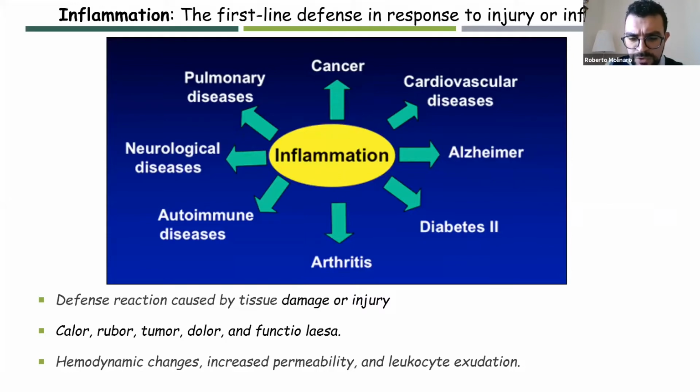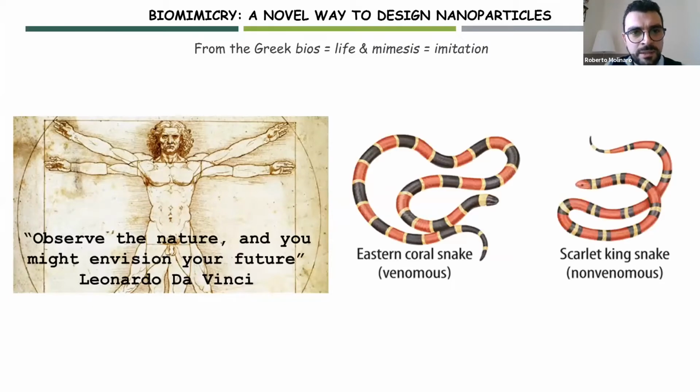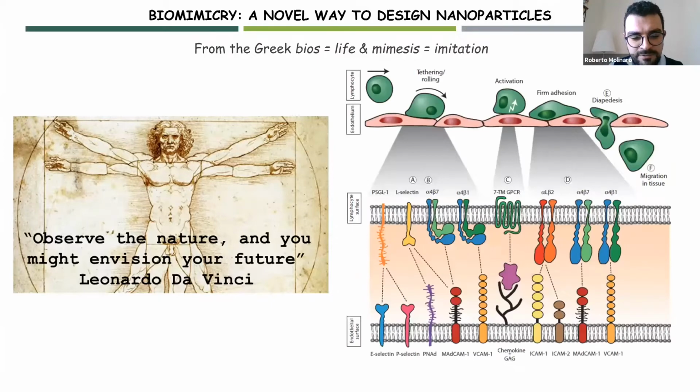So we thought of this relationship between the nanoparticle and the macrophage as a relationship that in nature there is between a prey and its predator. And we know that in nature the prey, to escape from its predator, uses biomimicry, which is a technique to look like the predator itself.